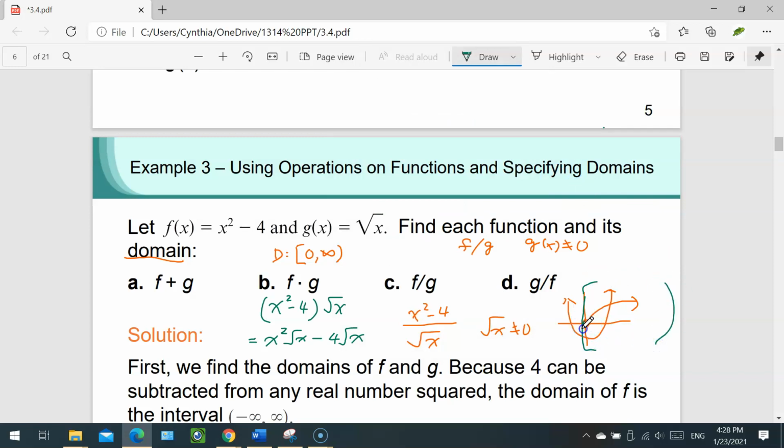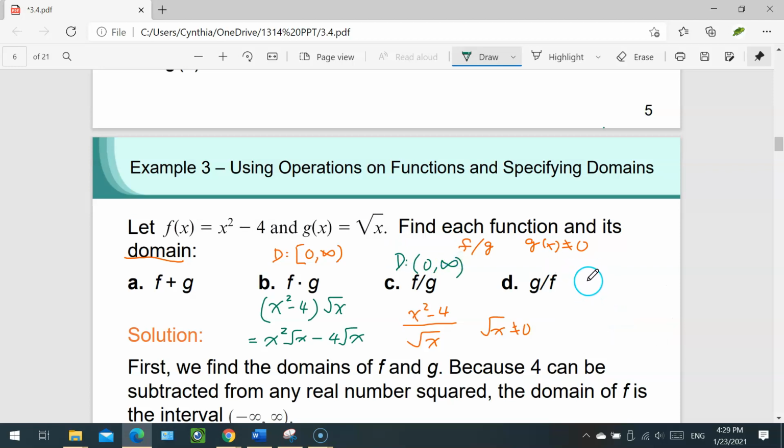Just because the square root x is on the bottom, we cannot cover the point 0 anymore, so we have to change the bracket into the open parenthesis. So the domain of part C would be open 0, go to infinity.